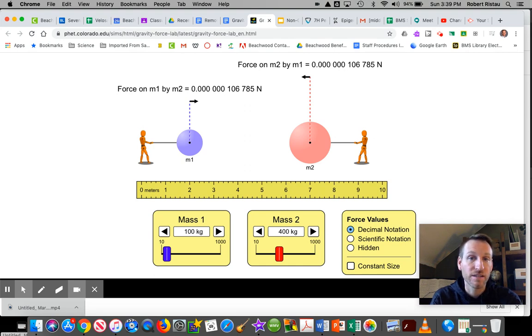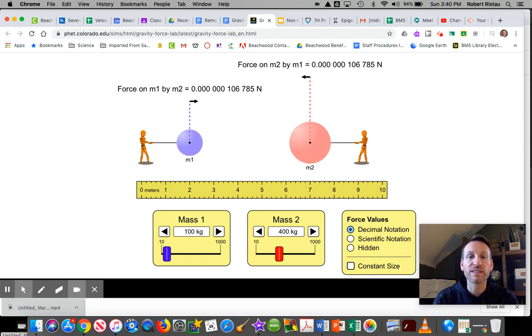In the realm of gravitational fields, that's a really small mass, which means it's going to produce a really small gravitational force. And that's why we see these really small numbers: 0.0000000106785 newtons. That's really, really tiny.